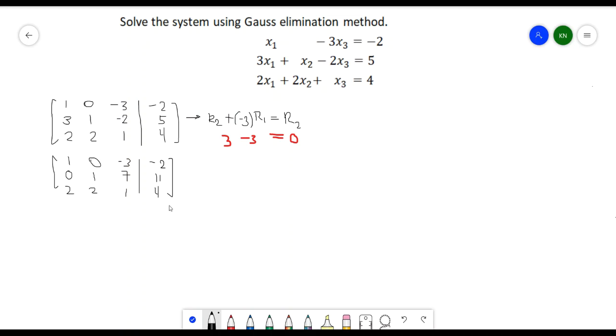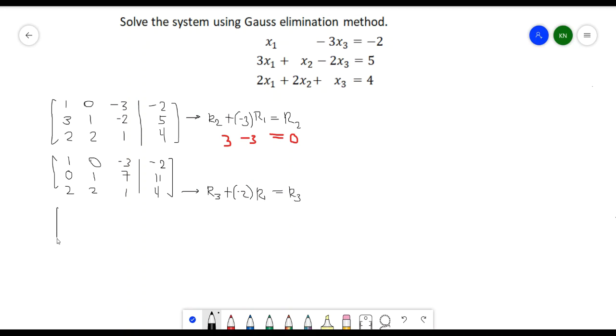The next step is to also zero out the 2. The same process applies; we just find a way to change our 2 to 0. We can have R3 plus negative 2 multiplied by R1 as our new R3.